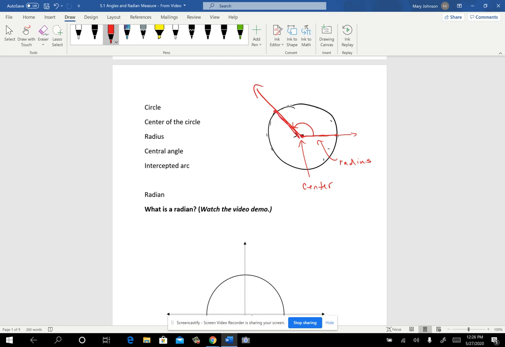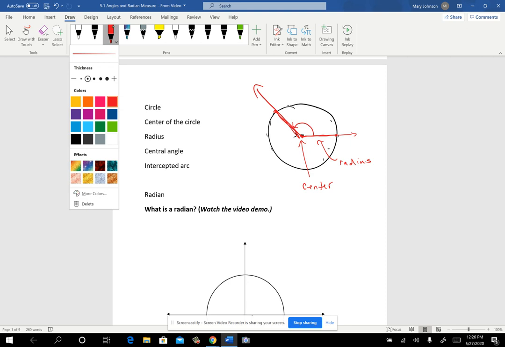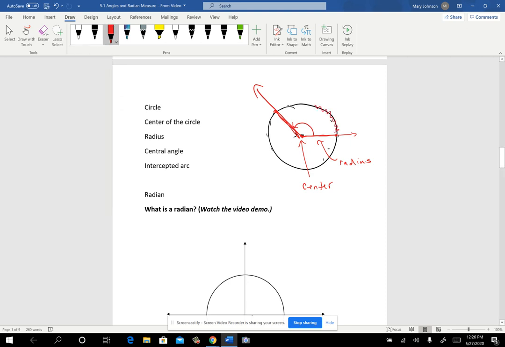It's also equal to the radius. Now I want you to think about what this is called. See how this is the piece of the circle that was cut off by that angle? That is what we call the intercepted arc. Okay, that's the intercepted arc.